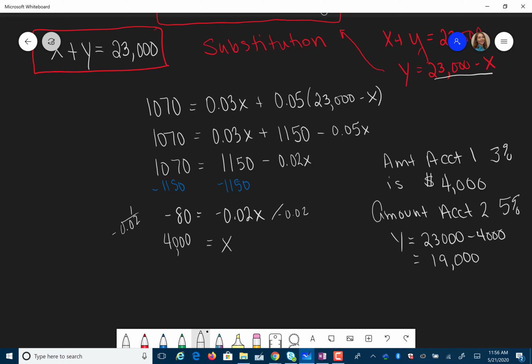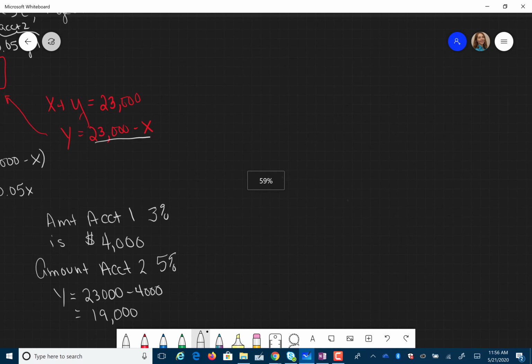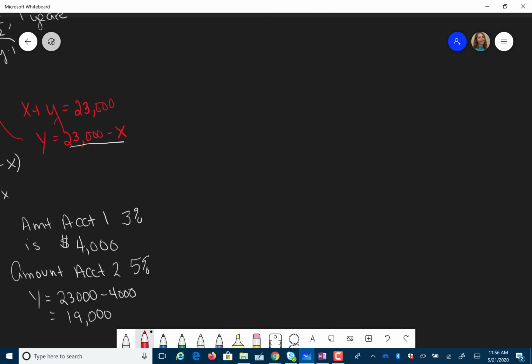So we always want to go ahead and check our answer. So in this case, let's check. I want to check that x is 4,000 and y is 19,000.